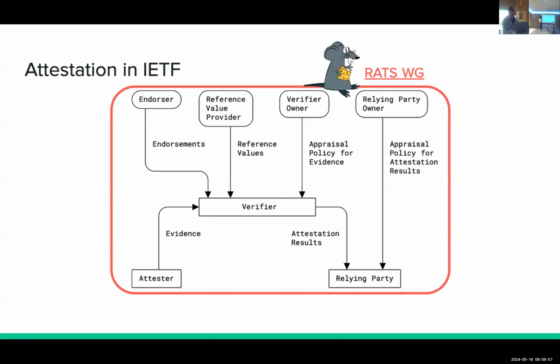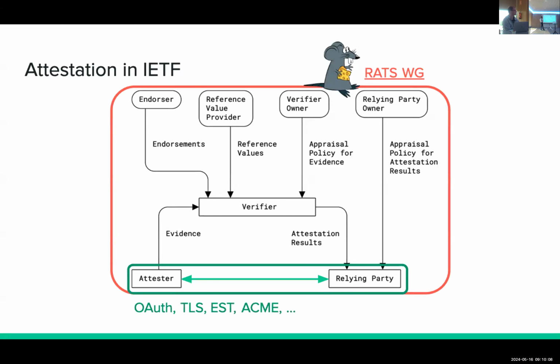I think we have this nice RATS effort, which is basically defining all of these and trying to standardize different parts of it. And next, please. I think I have one final. Yeah, all the protocols that I mentioned are basically trying to incorporate this attestation. And I think that's it. And then I would like to invite panelists to continue about the attested TLS part.